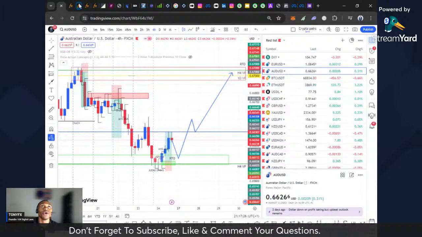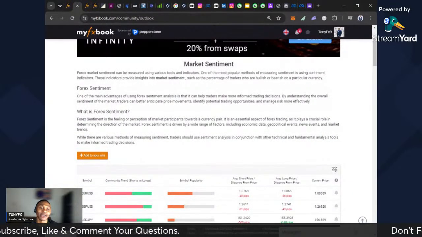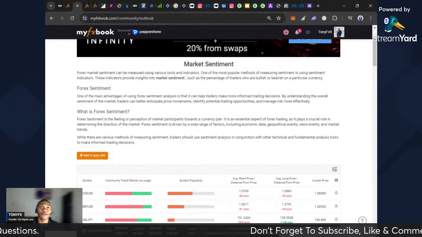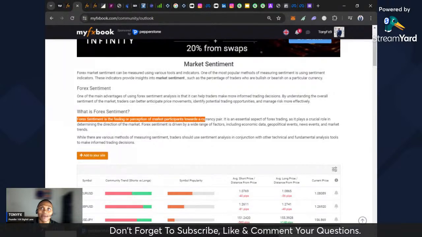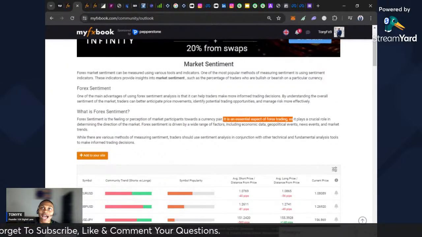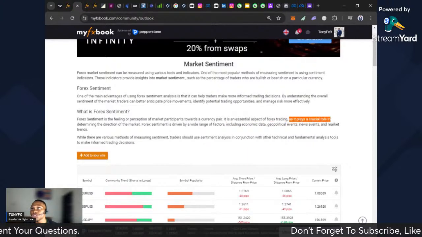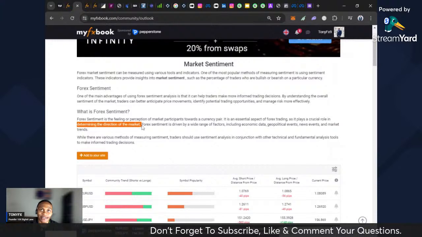Okay, so I already analyzed Euro/USD. Let's go to the sentiment. We'll check out the Euro/USD sentiment and AUD/USD sentiment. Forex sentiment is the feeling or perception of market participants towards a currency pair. It is an essential aspect of forex trading as it plays a crucial role in determining the direction of the market.